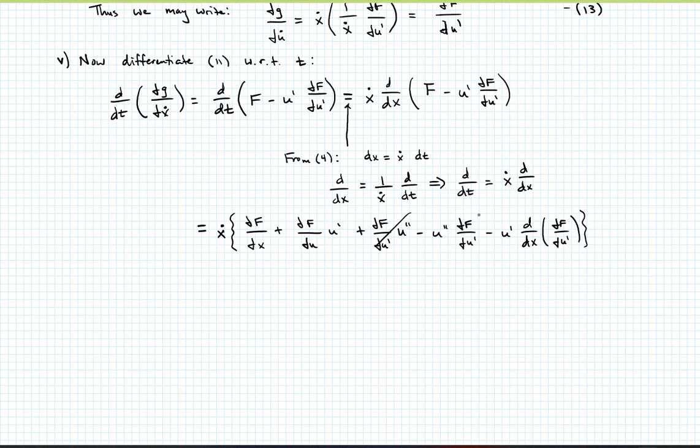Obviously, these middle terms cancel, right? And what we're left with is equal to x dot, here's our brace, partial of f with respect to x, plus we have this u prime we can factor out, so u prime now, partial of f with respect to u minus d by dx partial of f with respect to u prime.